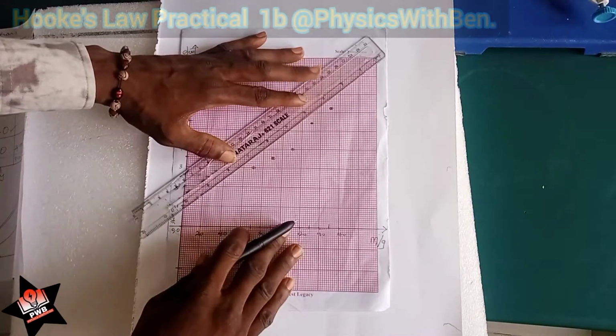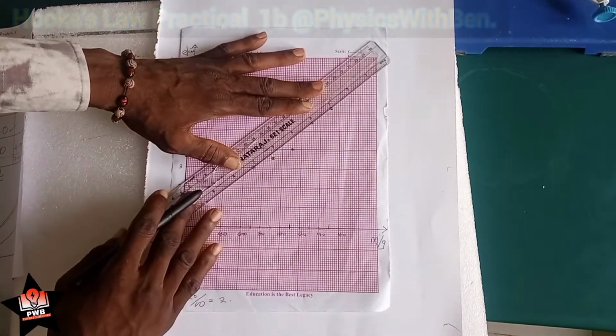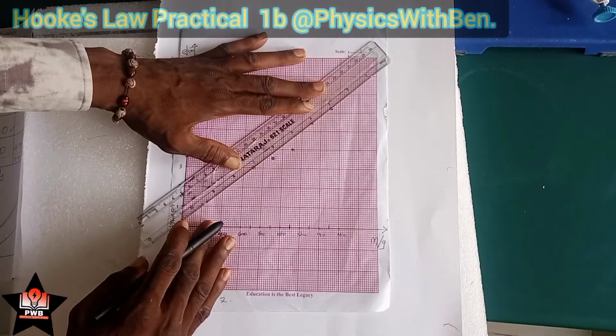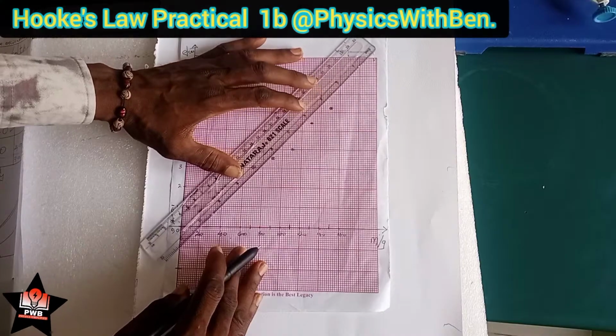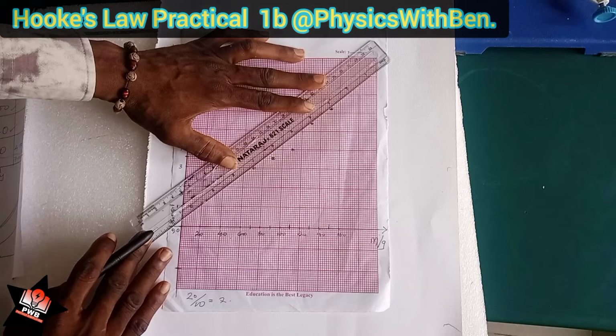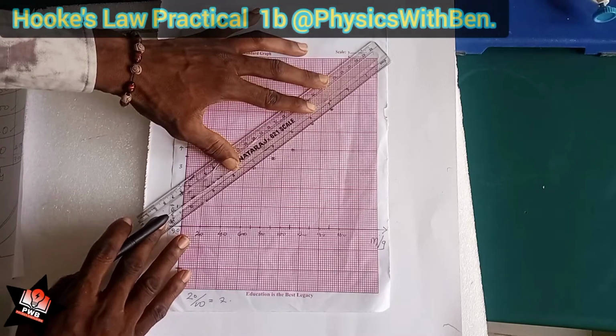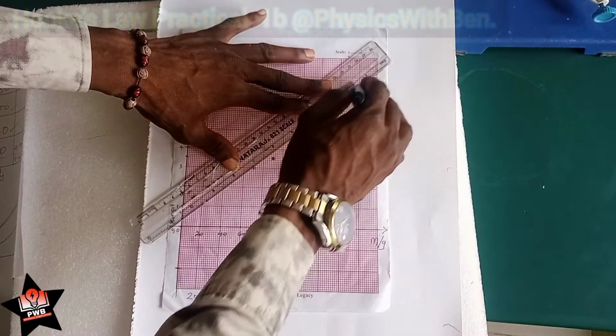So I can equally go with this point also. This is also correct. I'm capturing 1, 2. This one is even perfectly correct. This with this, or I can choose to go. So let's go with this one. So I draw.